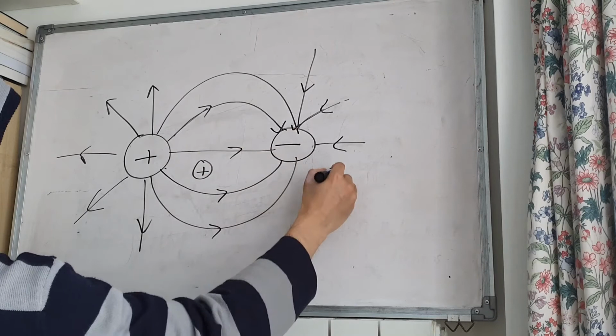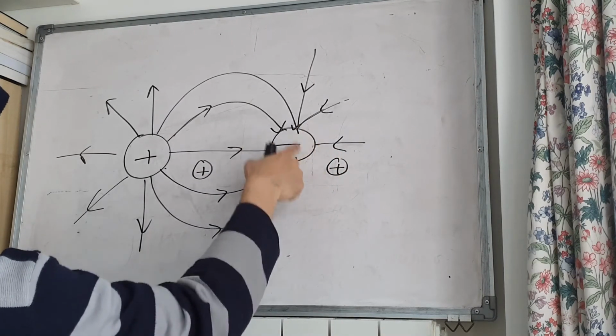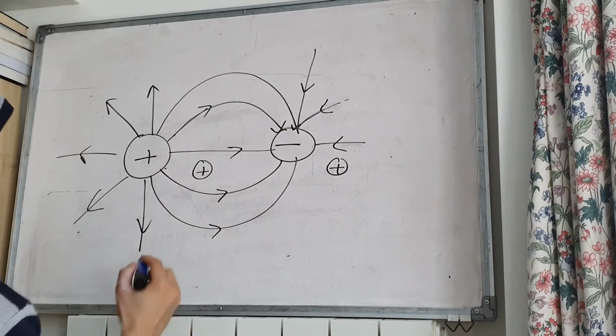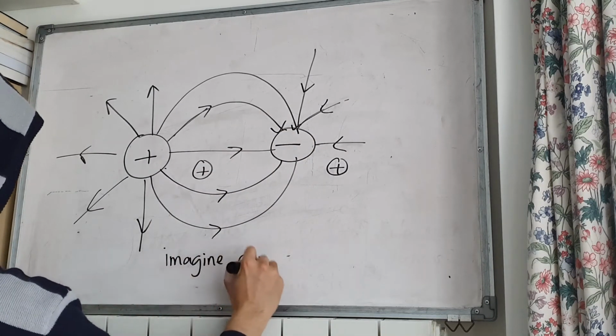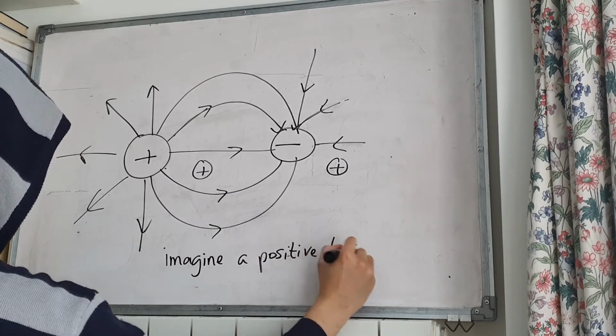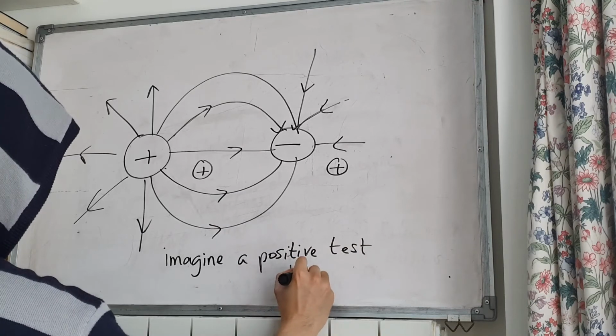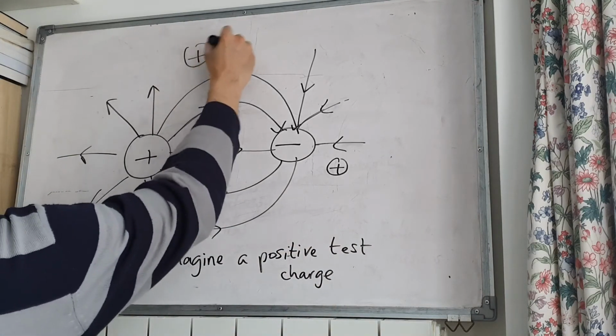Here, if you were to put a positive charge there, it would go to the negative because it would be attractive. So imagine a positive test charge. And it's always going from positive to negative.